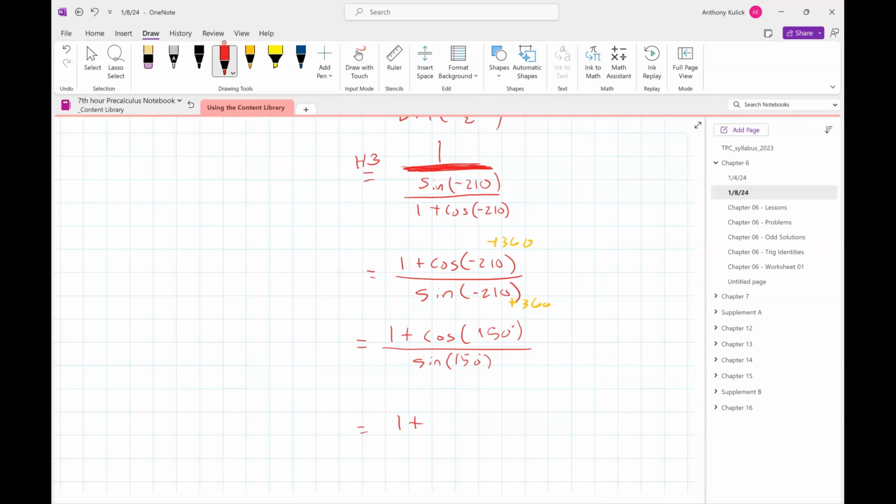If I locate 150 degrees on my unit circle, cosine is the x coordinate. So that's negative root 3 over 2. And sine is the y-coordinate. That's 1/2. I have the fraction inside a fraction thing going on, so I'll just multiply by 2 over 2.